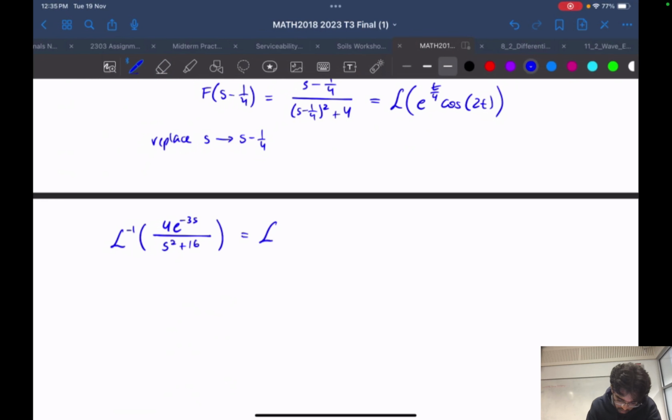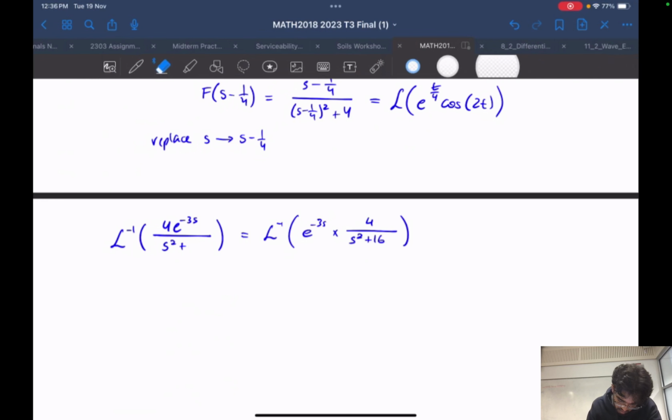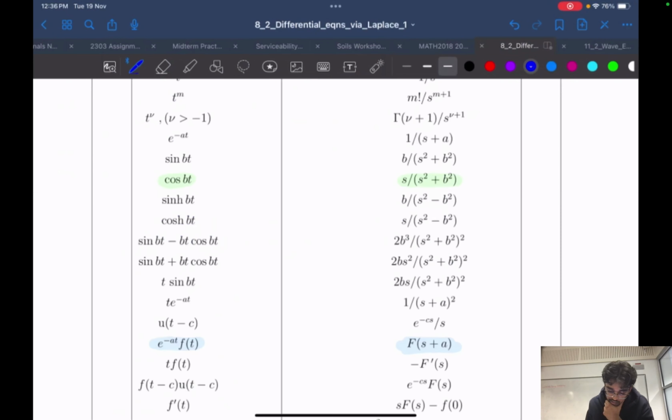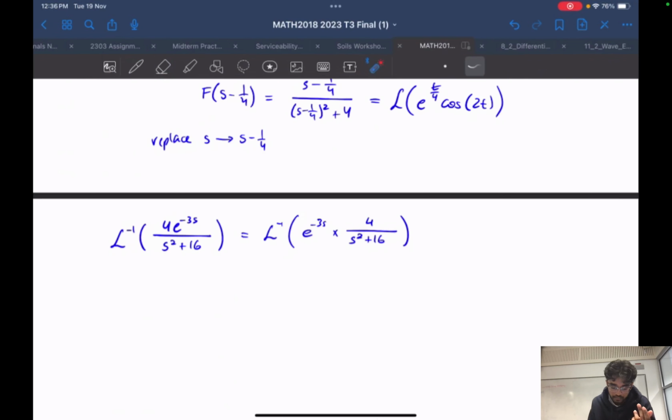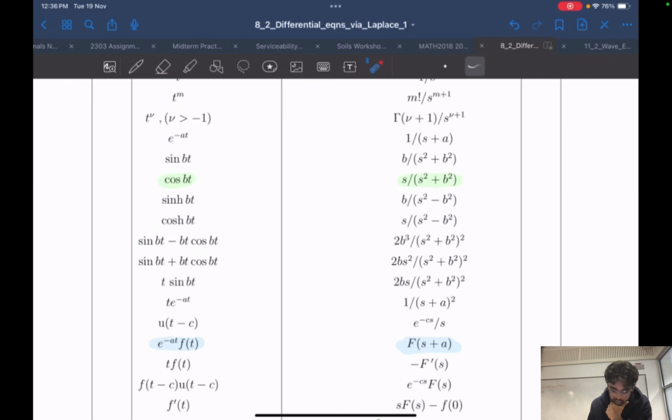So you get the inverse of e to the power of minus 3s times 4 all over s squared plus 16. And we're going to have to take a look at our table again, see what kind of corresponds to our expression there.